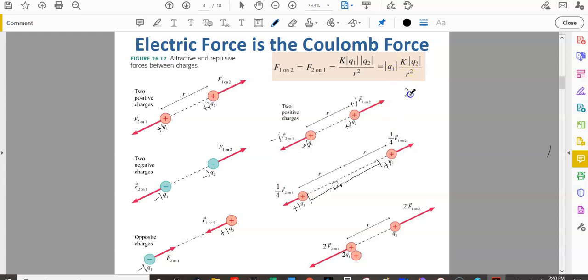So if you've increased that distance to 2r, that's going to become 4r squared. And that means this force is going to drop off by 1/4 of the amount. So it's going to get very weak very quickly due to distance. So distance really affects force. It affects force by the square of the distance, right?